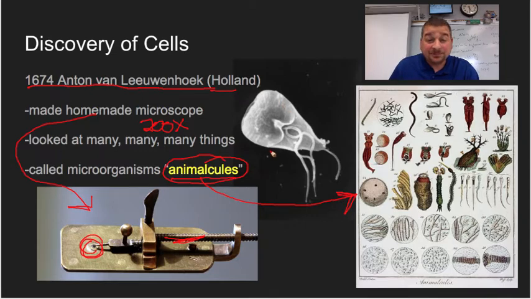And one time, he actually had diarrhea, and he wondered why. I know this is really gross, but he made a little smear of it on a slide, and he saw these little things swimming around, and he was like, what in the world?